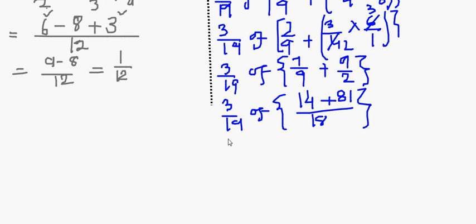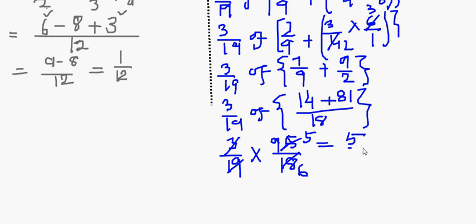So 3 by 19 of can now be converted into multiply. So 14 and 81 if you add will give you 95 upon 18. We can cancel, reduce as much as we can. It is 6. If you recall the table, 19 times 5 is 95. So it becomes 5 by 6 as the answer.